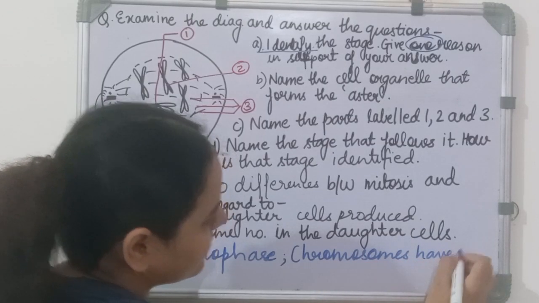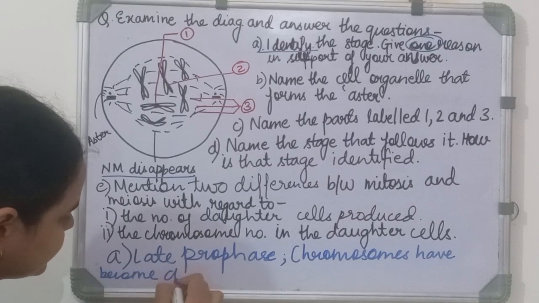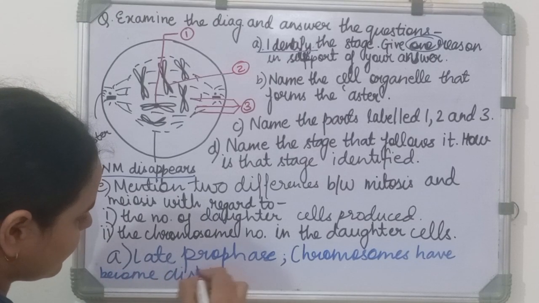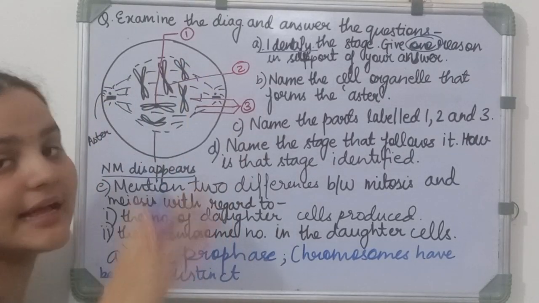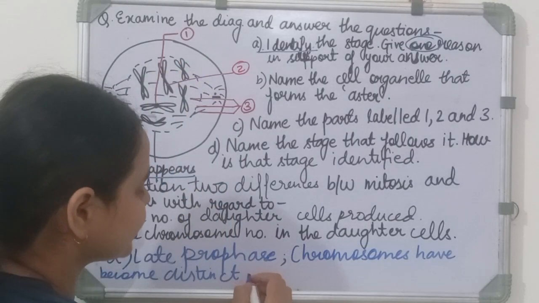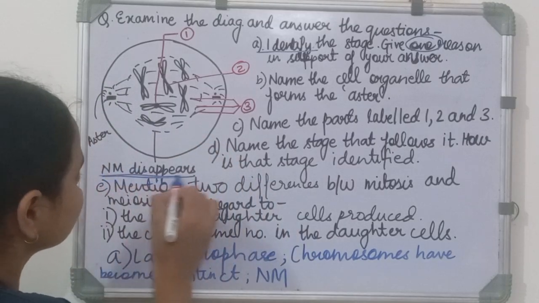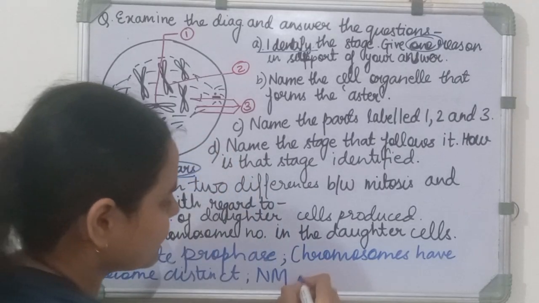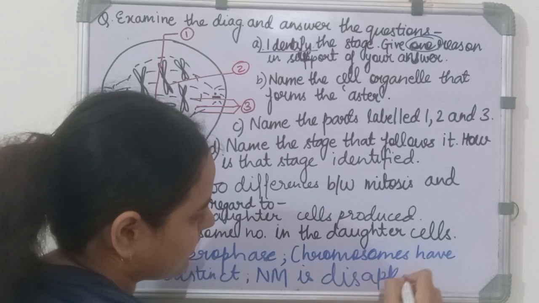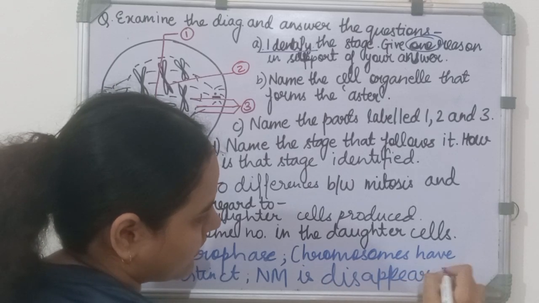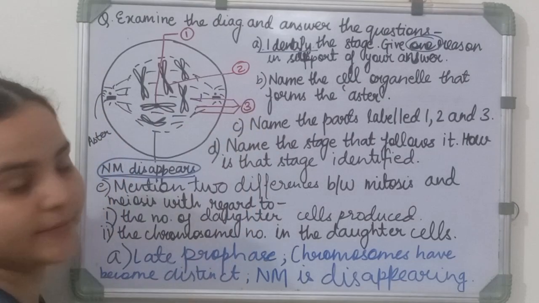If we want, we can write one more reason, that the nuclear membrane is disappearing. So the second reason is the nuclear membrane. We can see this. Nuclear membrane is disappearing. Now let's move to the second part.